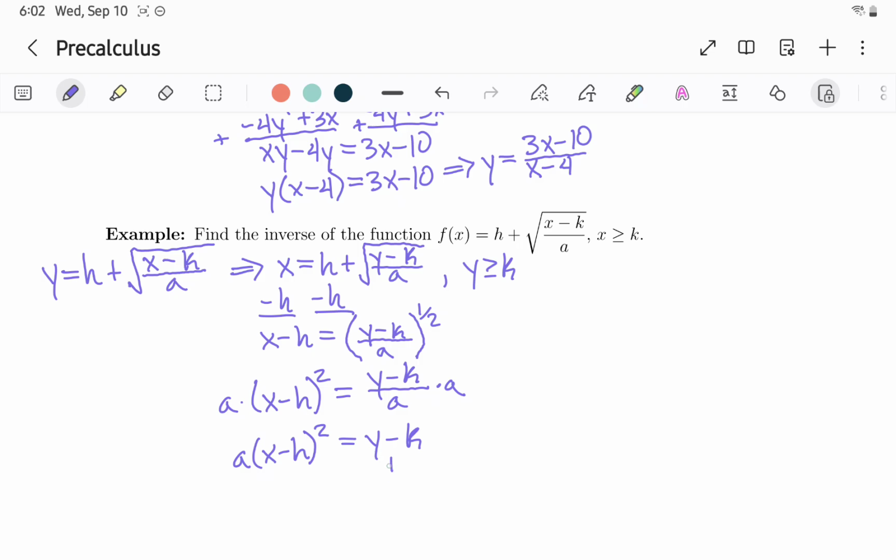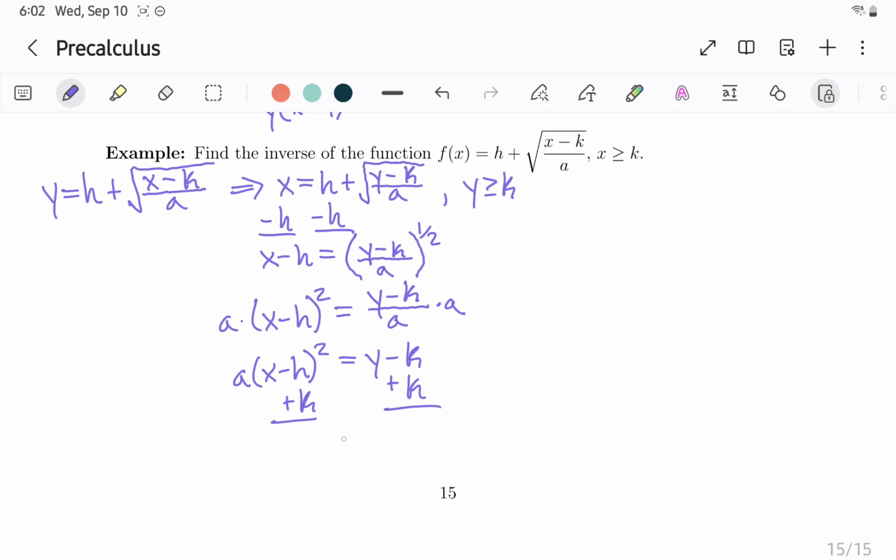And then let's go ahead and add k to both sides, and we'll finally have y by itself on one side. All right, so on the right-hand side, we just have y now, and on the left-hand side, we have a times (x minus h) squared plus k, which, for those of you familiar with a quadratic function in vertex form, you will recognize as a general quadratic function in vertex form. So its vertex is (h, k).